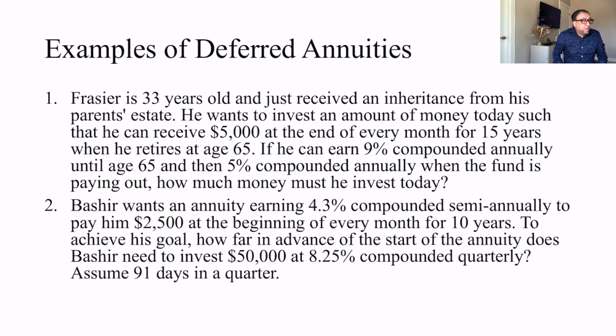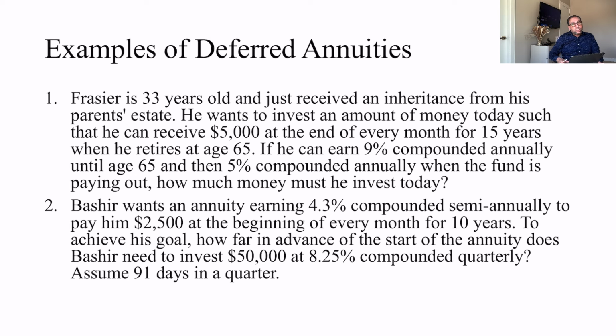As we mentioned, there are two stages. In the first stage, we want to find out how much he has to invest so that in the second stage he gets $5,000 per month, at the end of every month, for the 15 years.